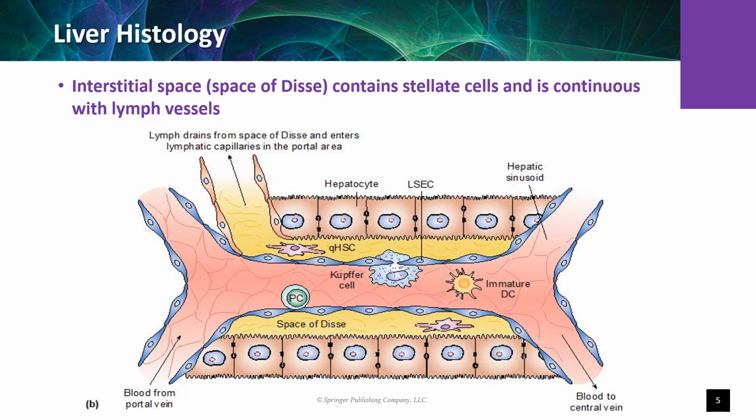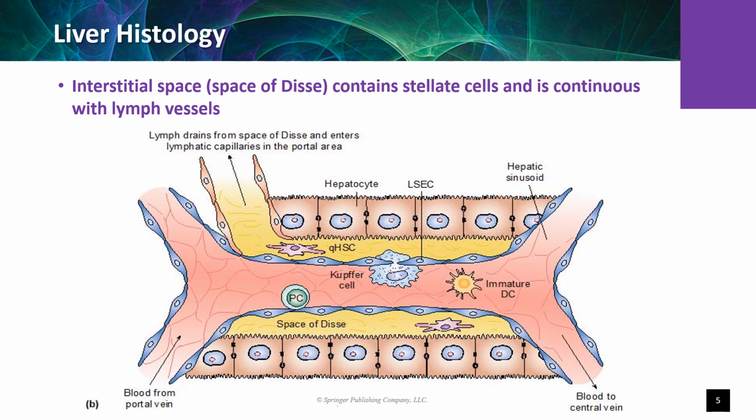The immune and reticuloendothelial function of the liver is conducted by the Kupffer cells. These are resident macrophages that reside in the sinusoids, and it also is conducted by lymphocytes called pit cells and dendritic cells.